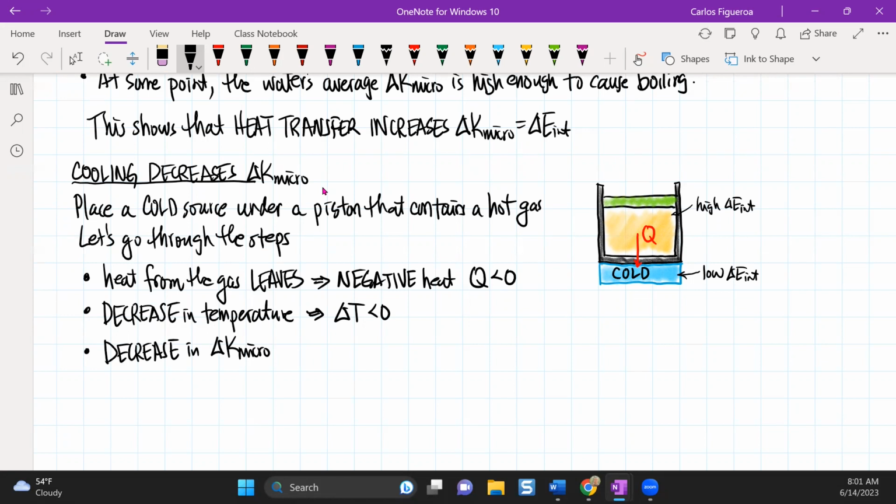Why? Because I know that the heating here is negative, and heat changes internal energy, but that's negative. So therefore, that tells me that the change in K micro is also negative.